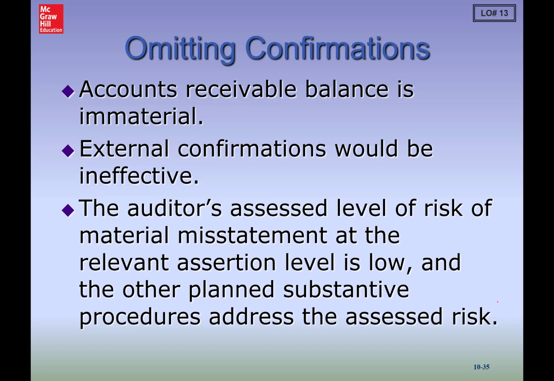The risk of material misstatement is low, and we have other substantive procedures, for example, analytical procedure that we can use. Okay, we're satisfied with that. We give sufficient evidence. That's getting to what? Nature. You don't need the external evidence.